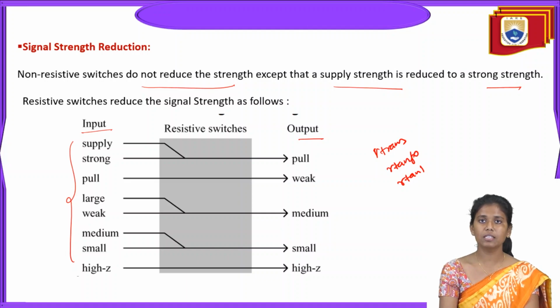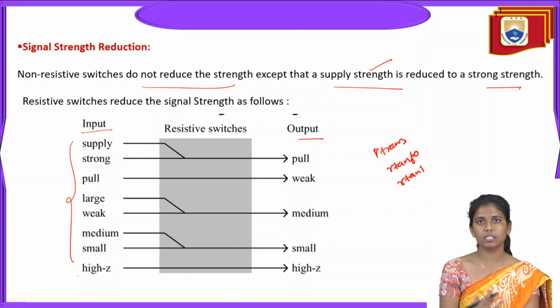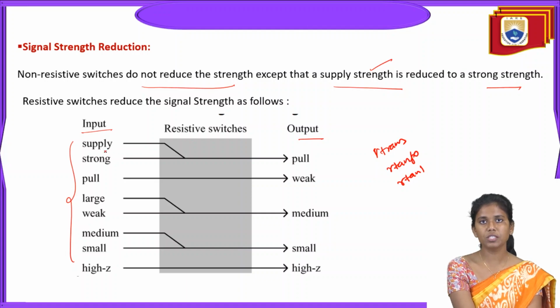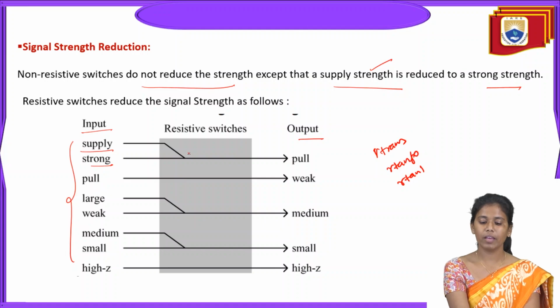At the output, based on the strength of the signal, we can identify what sort of degree that signal has. For example, for the resistive switches, if the input is supply, then the output will be pull.